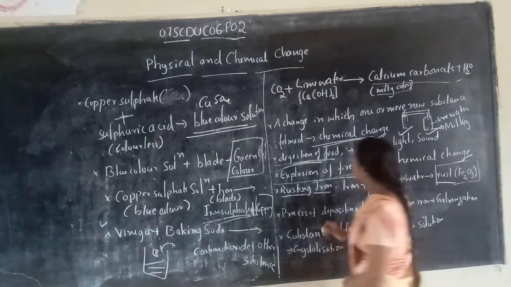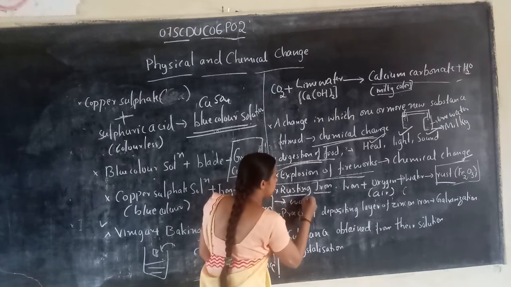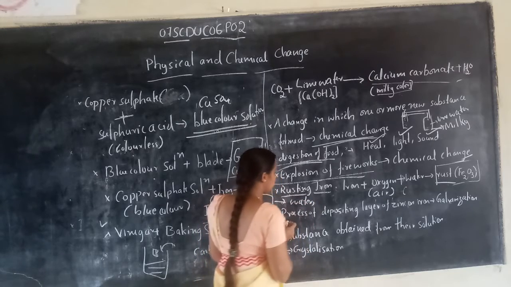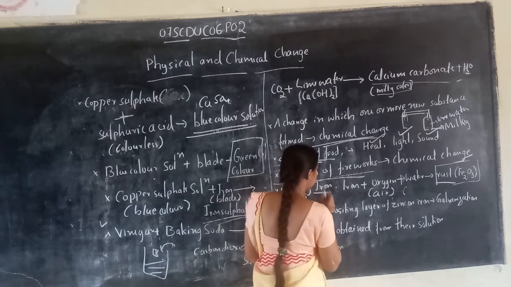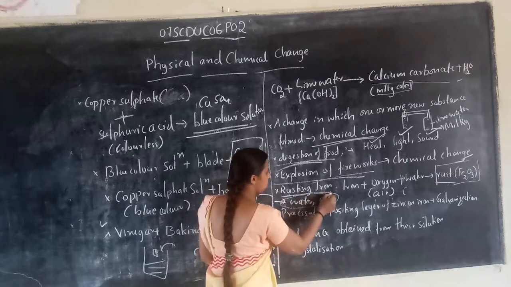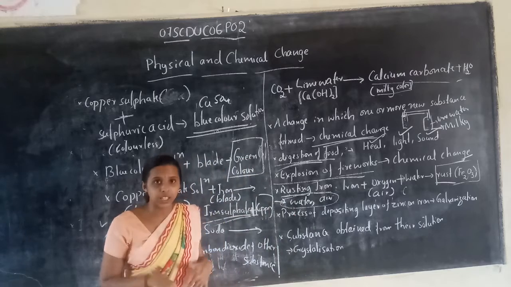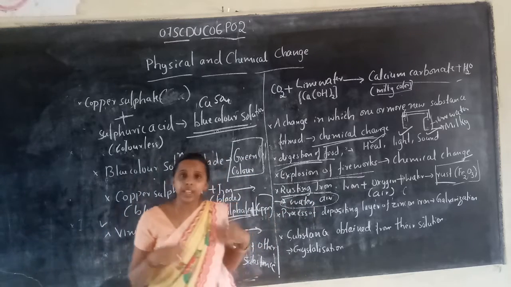So what is the meaning? The necessary conditions for rusting of iron are water and air. Water and air are very necessary for the rusting of iron. These rusted iron pieces we can't use anywhere.